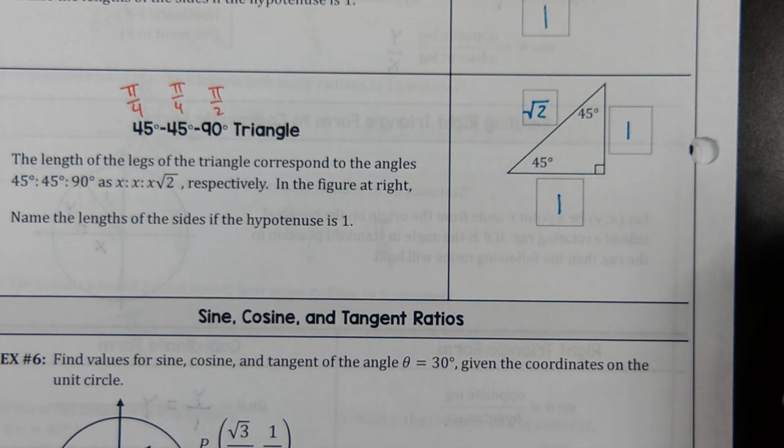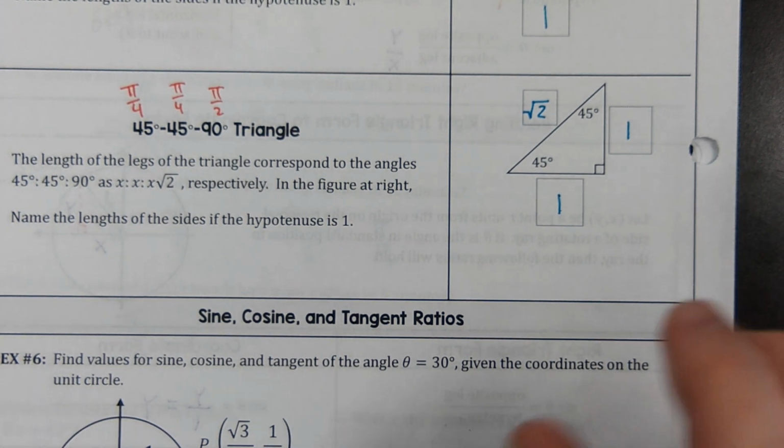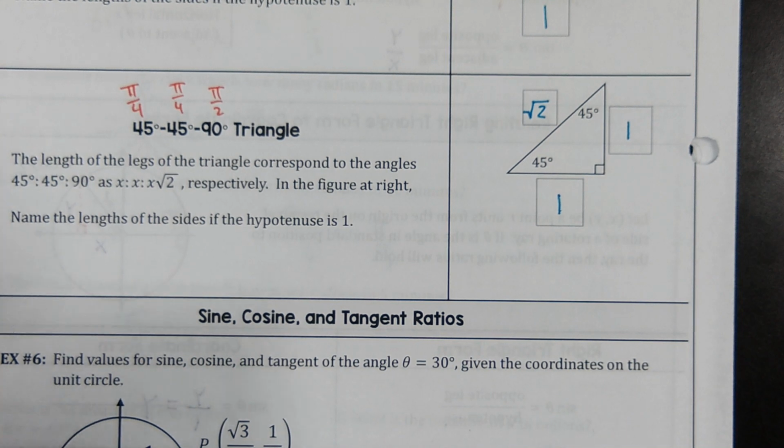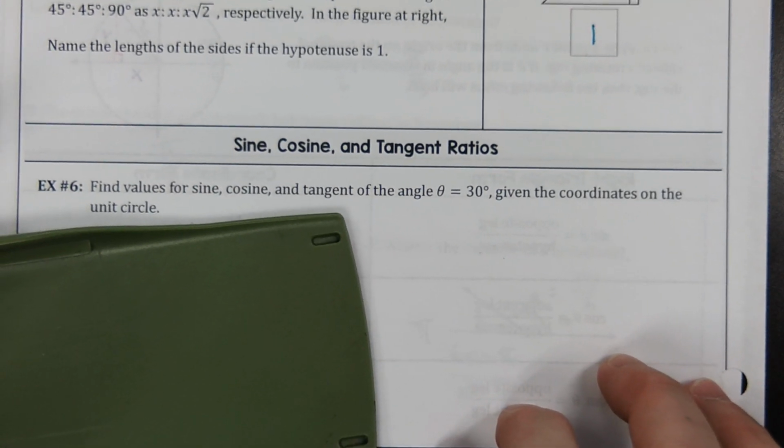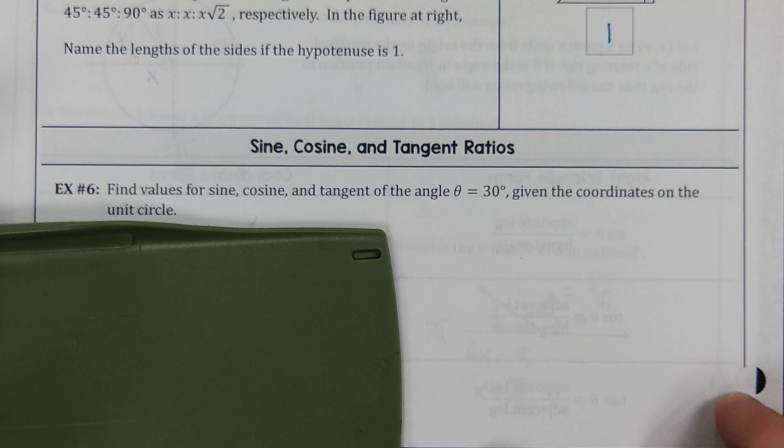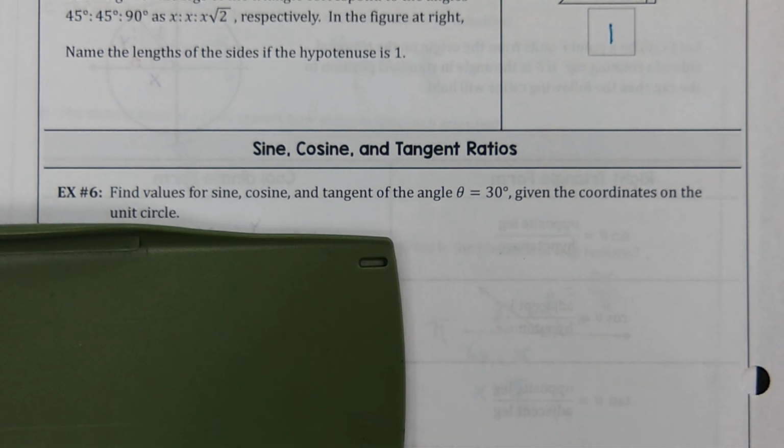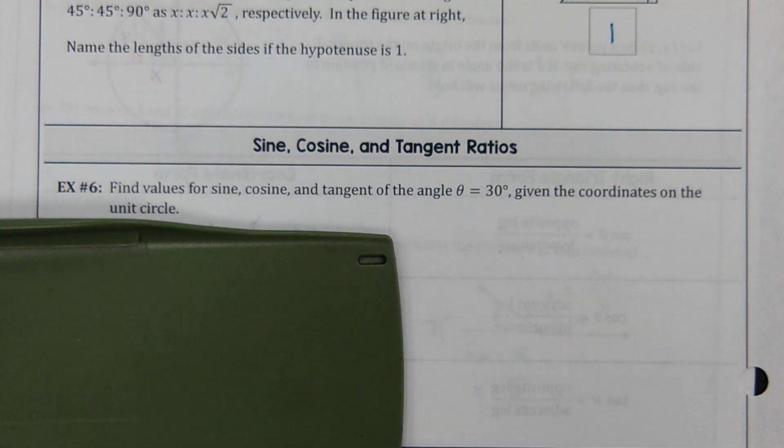And to prove that point, I'm going to cover up the picture that is on these notes, and I'm not going to use it. It says find sine, cosine, and tangent for 30 degrees. Which quadrant is 30 degrees?